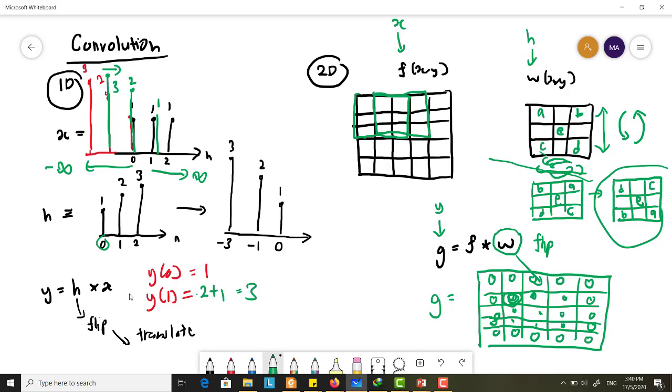It is not a good way to represent the information, because you already set the border as 0. There might be some information at this point that we ignore by setting it to 0. So that's why there's a process that we call padding.